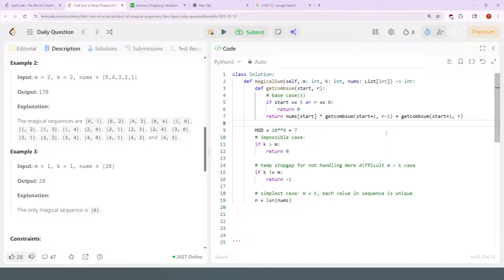I guess also it's not possible if there's not enough values remaining. Maybe I should do that as a base case as well. The number of values remaining is n minus start, nums. Yeah, if that is less than r. So if there's only one value remaining, you try to take 2 values for your combination.